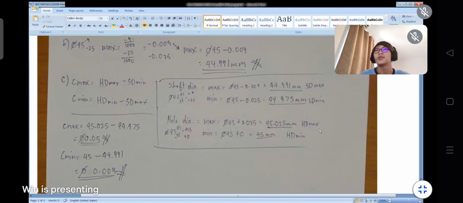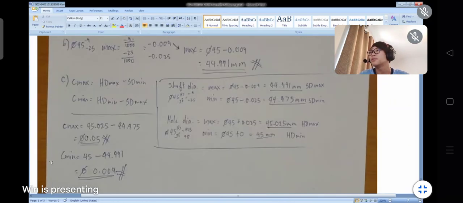This is hole max and hole minimum. And put these numbers into the formula. So as you can see, HD max, I will put this into that, and this is SD min, so I put this into that, minus them, and boom.